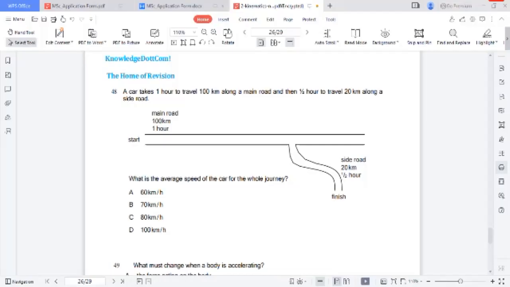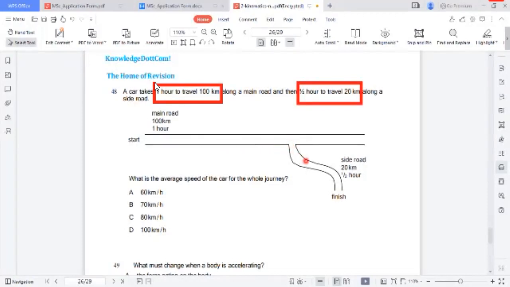Okay, let's see the 48th one. It says a car takes 1 hour to travel 100 kilometers along the main road, and half an hour to travel 20 kilometers along the side road. So suppose this is 100 kilometers and the car takes 1 hour to complete this distance.